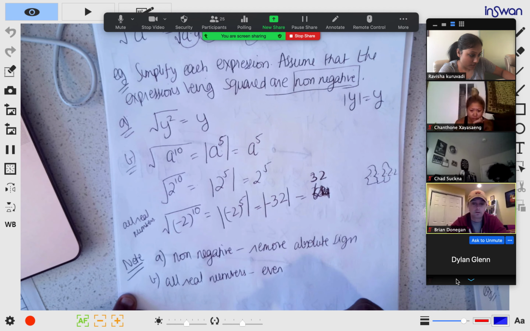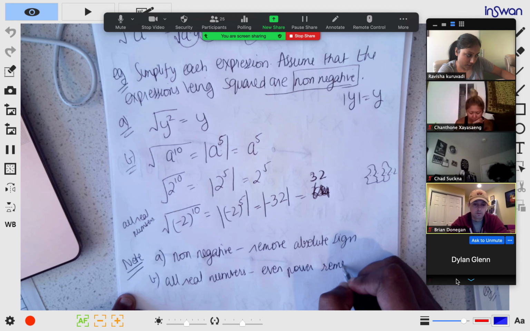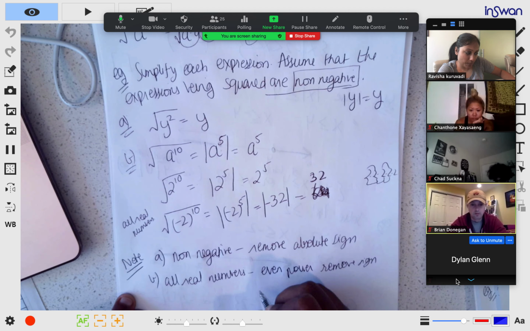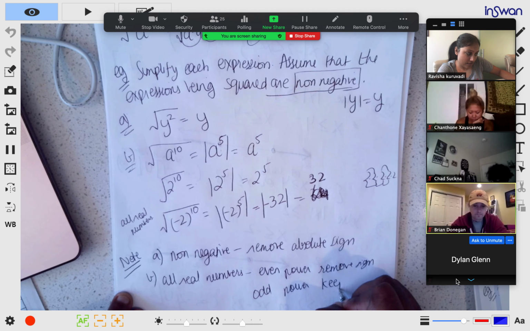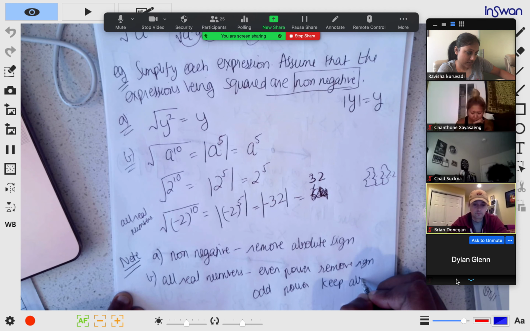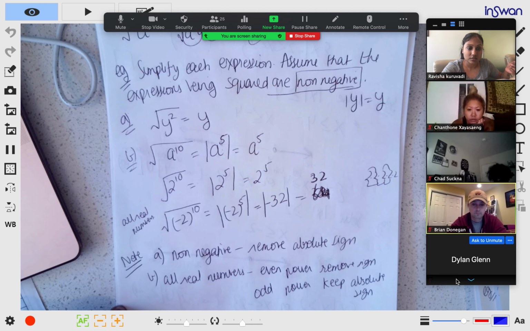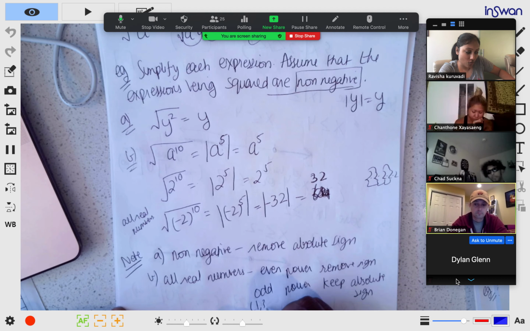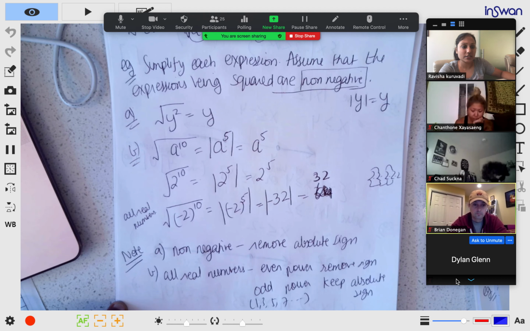Even power, remove the sign. Odd power, keep the absolute sign. So in brief, this is what we did. If it's all real numbers and the power is even, you can remove the sign directly. If it's odd, odd means 1, 3, 5, 7, and so on, numbers which are not divisible by 2, keep the absolute sign.